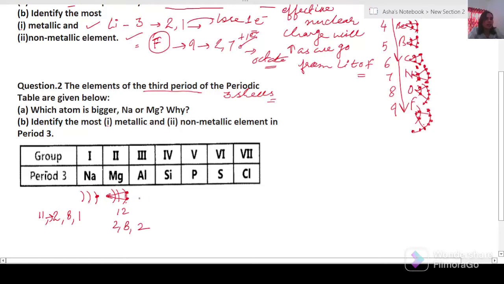So the size will keep on decreasing as we go from sodium to chlorine, right? So obviously which atom will have bigger size? Sodium will have bigger size. After that magnesium, then aluminium, then silicon, then phosphorus, then sulfur, and then chlorine. Chlorine will have the smallest size here.